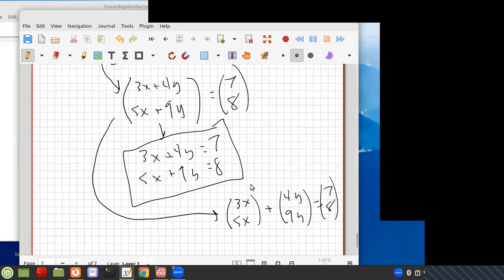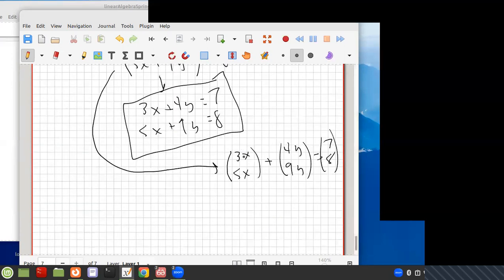Then, for the first one, I can factor out the x to write x times 3, 5 plus y times 4, 9 equals 7, 8.